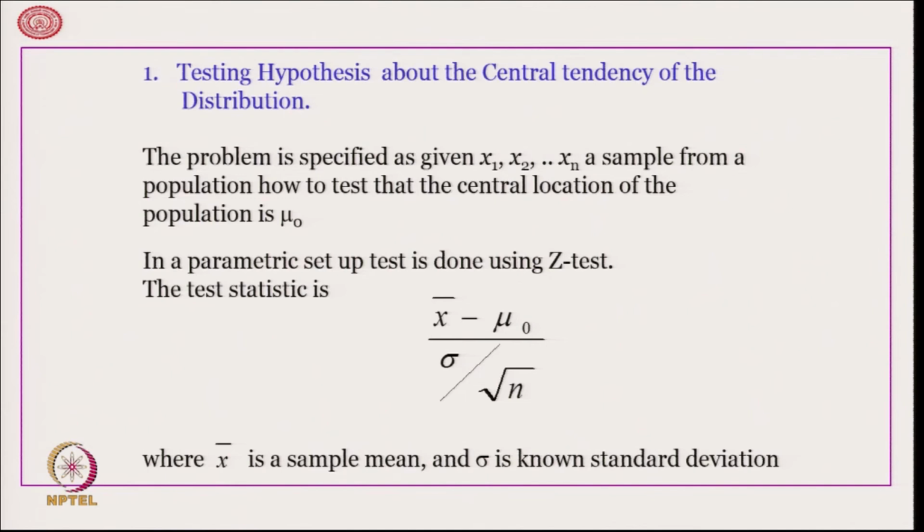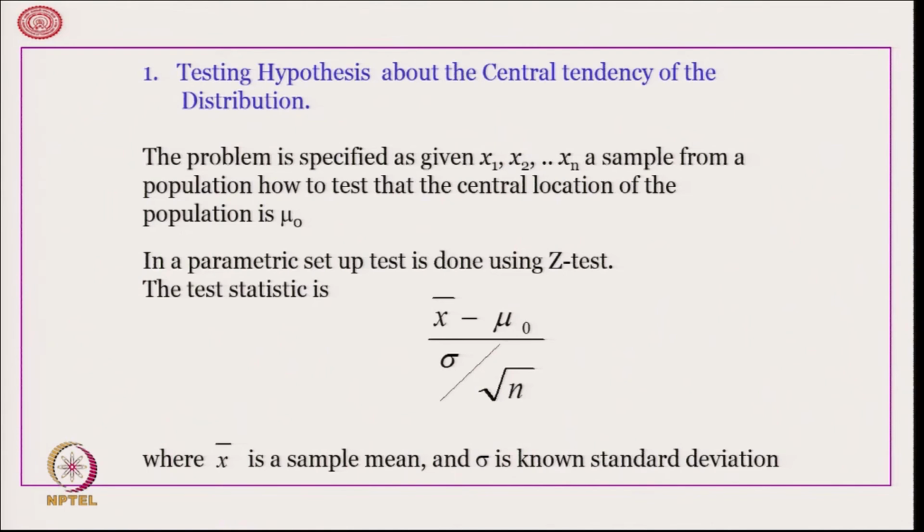The question is how to test whether the central location of the population is mu naught. Here mu naught is a given value and we want to test whether this sample gives us enough evidence that the sample has come from a population with central location mu naught.